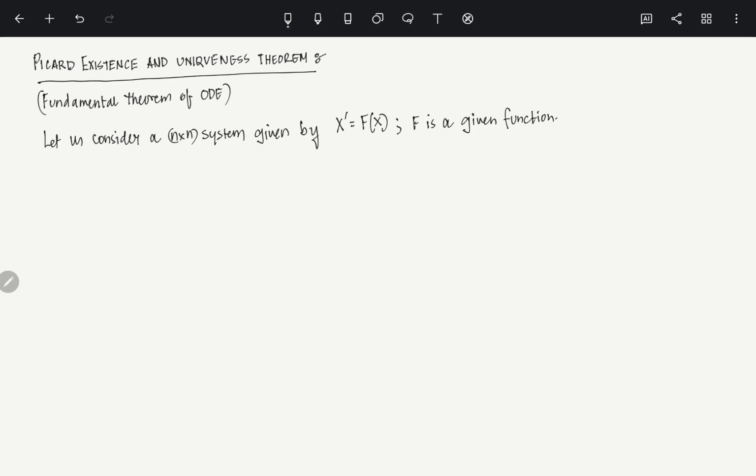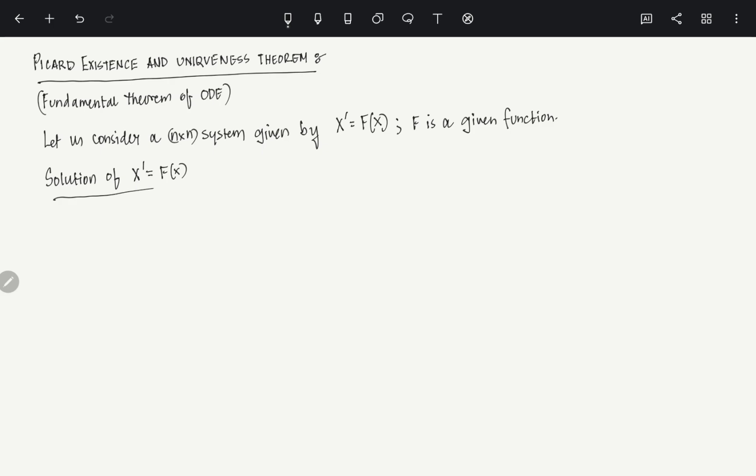Now we want to see whether we can say something about the existence of a solution or not. Before I say the existence of a solution, first of all we need to understand what I mean by a solution. So let's call this equation x prime equals f of x.